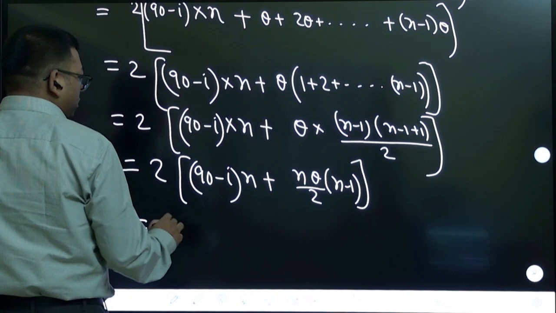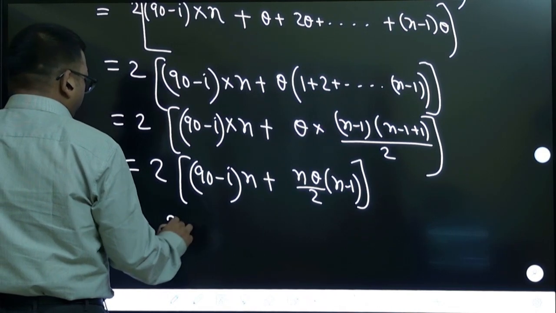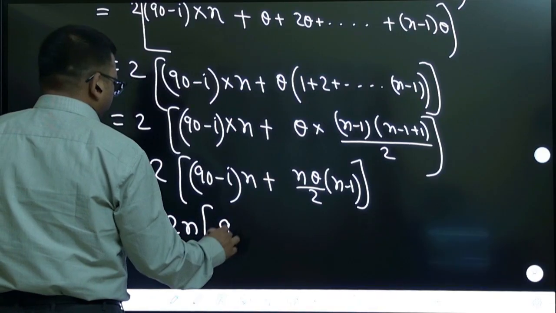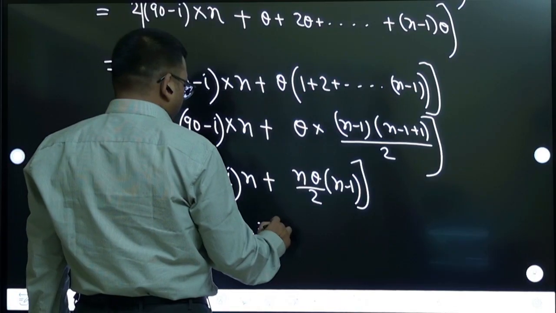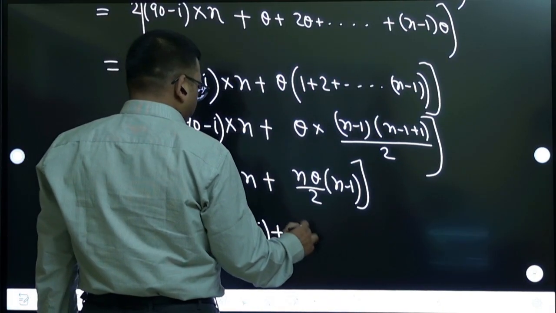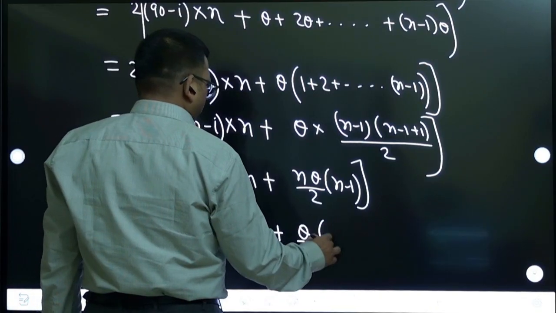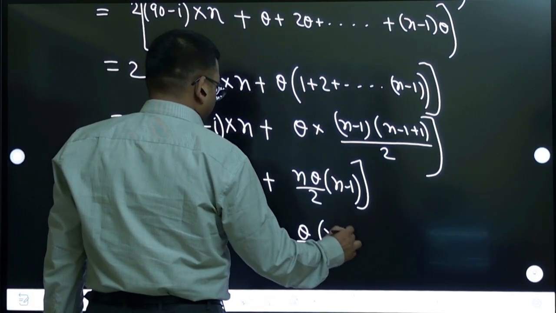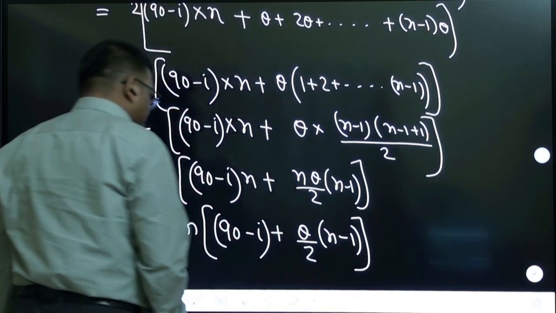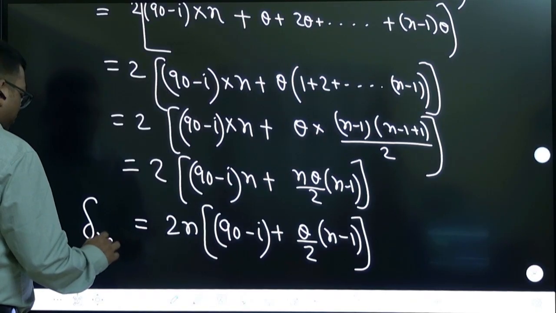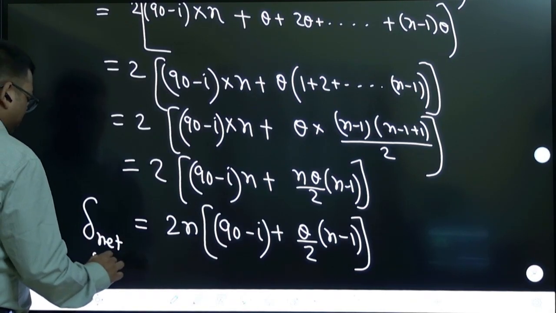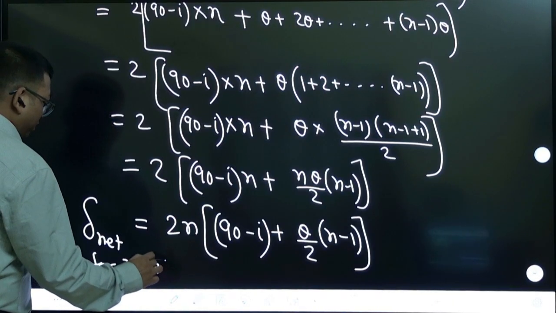So let us take 2n common. If I take 2n common, it is (90 minus i) here, and I have taken it common, plus theta by 2 times (n minus 1). This is the formula for deviation, the total net deviation for n reflections, for n reflections.